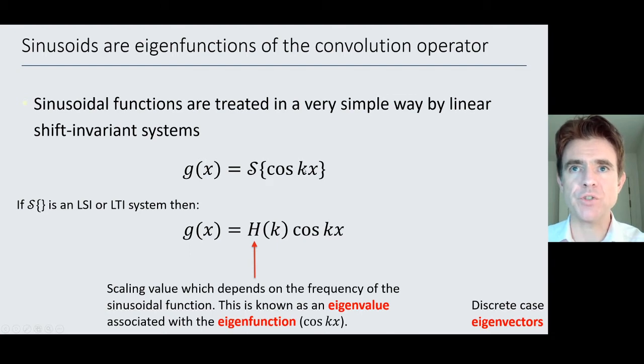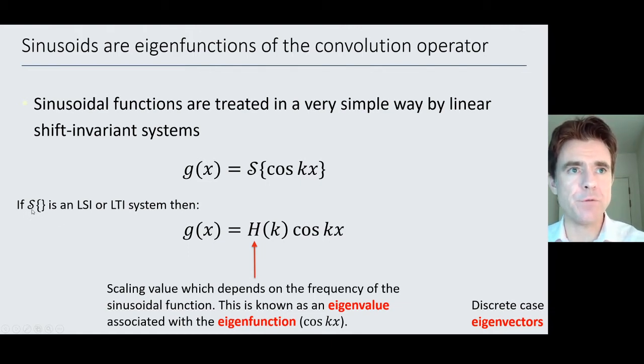Spatial frequency k, so it's just a cosine function. If it's run through a system denoted here by this operator S in curly brackets, it's going to give us some output function, an output of the mapping, an output of the operator.